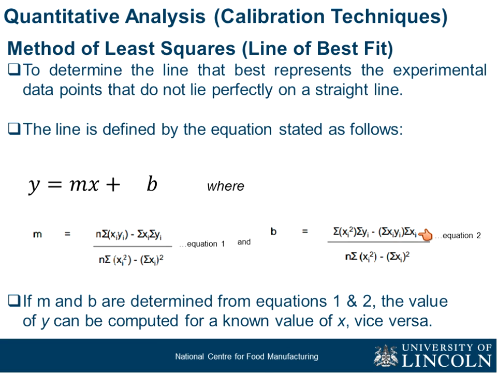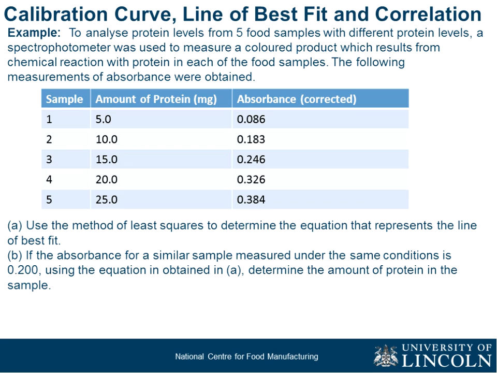Now I'm going to demonstrate how to do this. This is the example. We've been given this question. You have the amount of protein, you have the absorbance. The absorbance is your Y value. The amount of protein, which is the concentration, is your X value. Now the question is saying, use the method of least squares to determine the equation that represents the line of best fit.